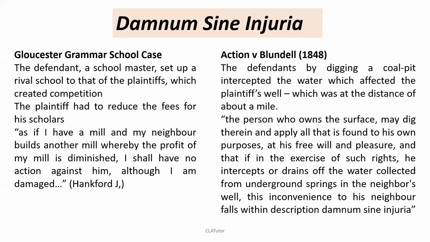The court recognized that this does not amount to a legal injury, as there is no right for you to have a monopoly in an area. The court gave an example wherein if a mill was opened and a rival mill was opened right next to this place, which led to a diminishing in profits, this does not amount to a legal injury and there is no cause of action for the same.